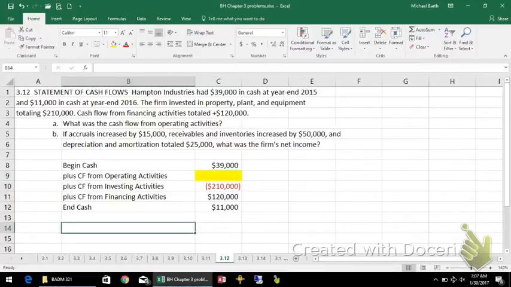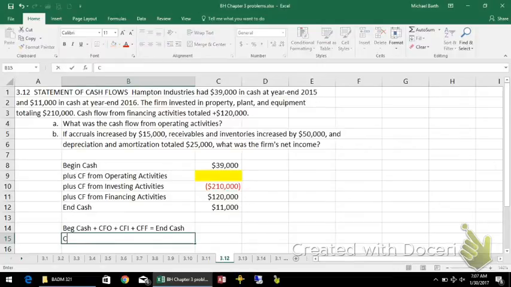Well, beginning cash plus CFO plus CFI plus CFF, cash flow from operating activities, investing activities, and financing activities equals ending cash. So I want to solve for CFO. I just rearrange terms.